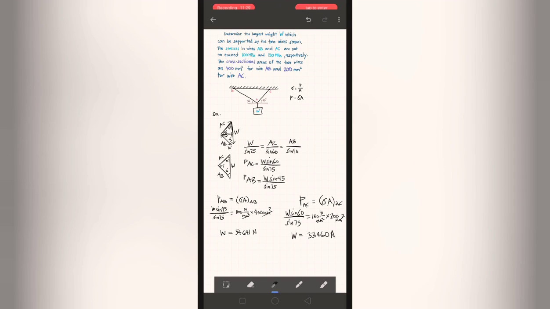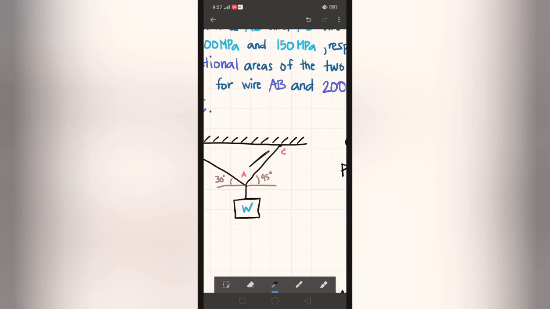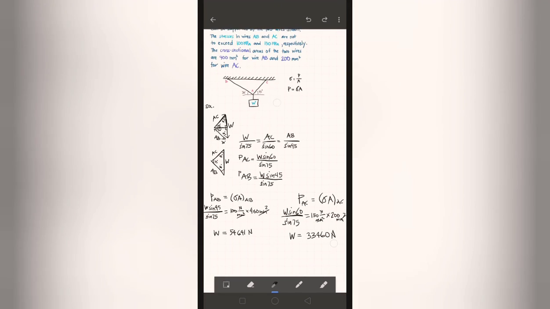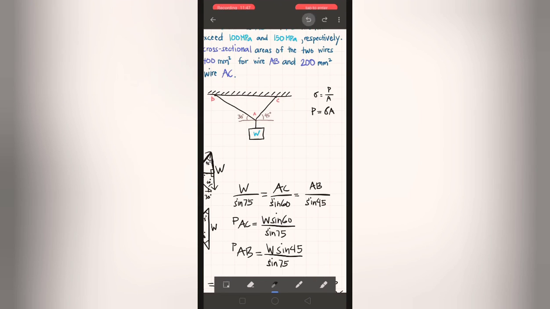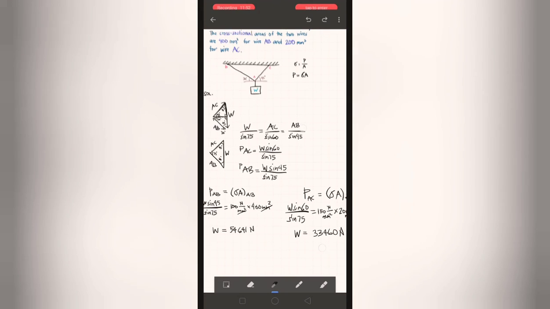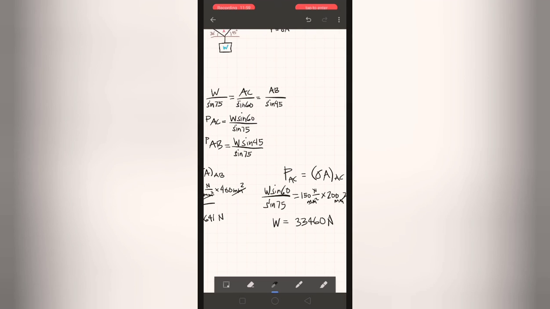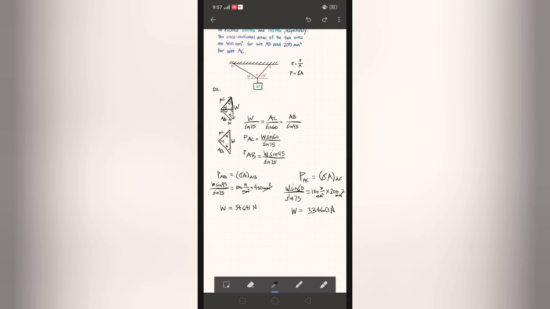You might be wondering, why do we have two W's here? What's the meaning of that? So we have two values for W here because we have two wires here which have two different stresses. And the W, if we substitute that to each of these two equations, should not exceed the stresses like this 100 and 150.